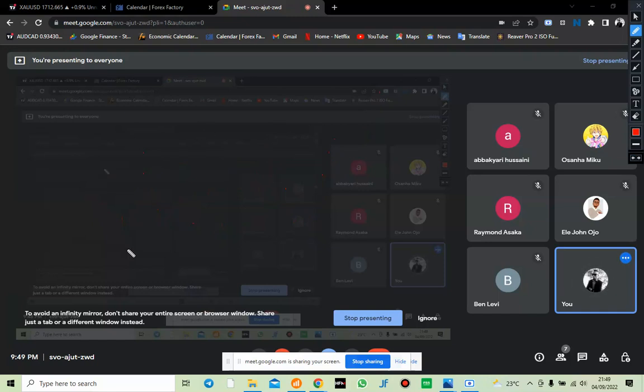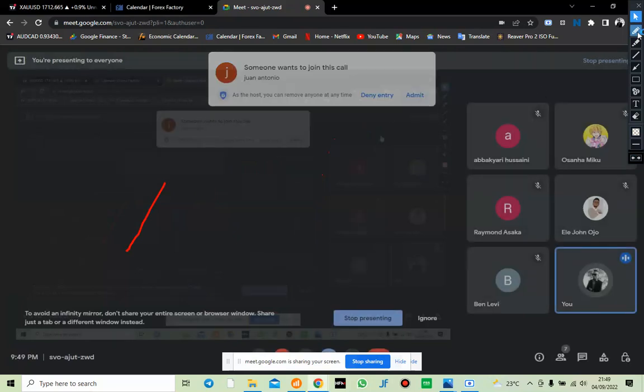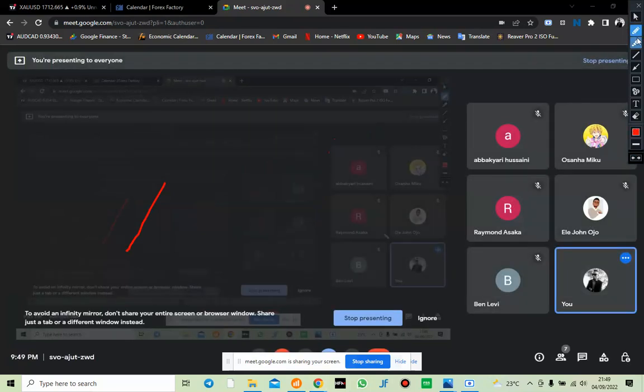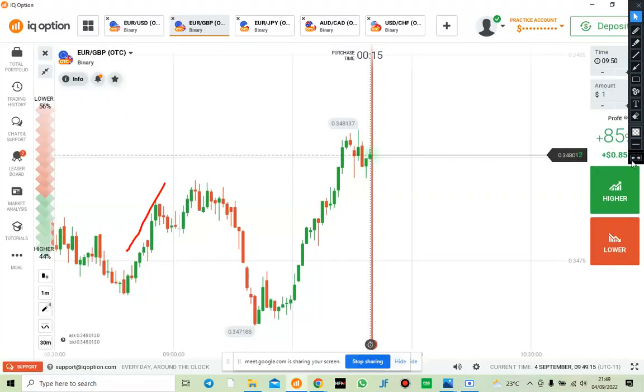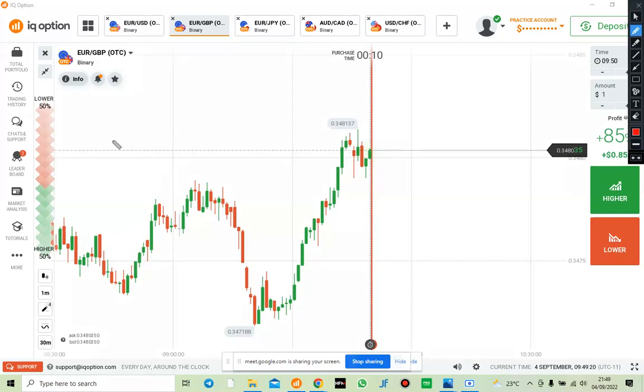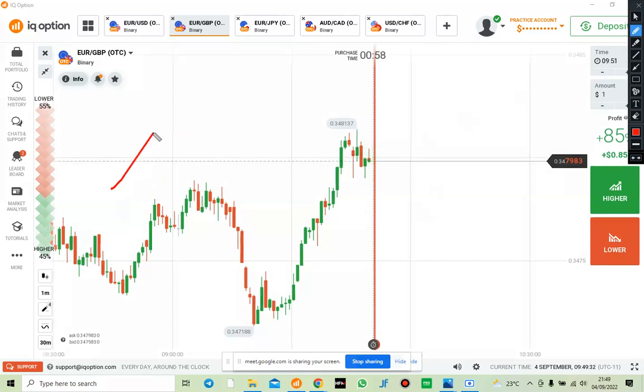I said the trend. I discussed the trend, that you can have a bullish trend. Go back to our previous session that we had, where I talked about trend. At times you can have an uptrend, a downtrend. But for this candlestick magic pattern I'm talking about, sometimes you don't need to find a trend.